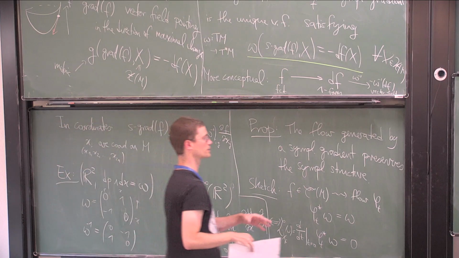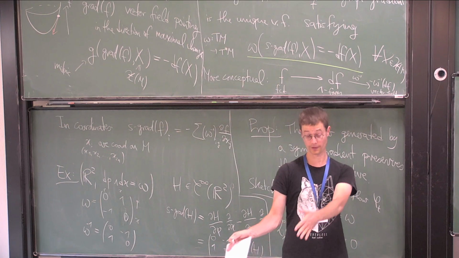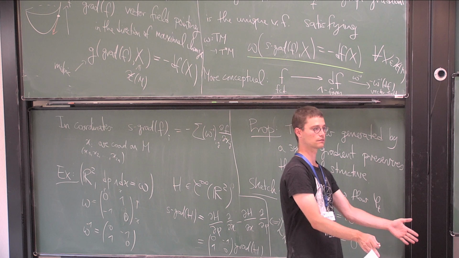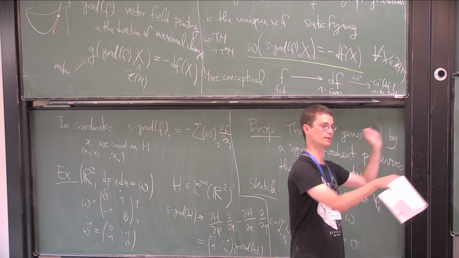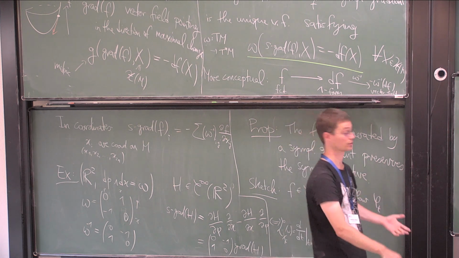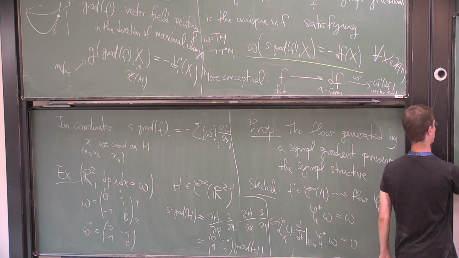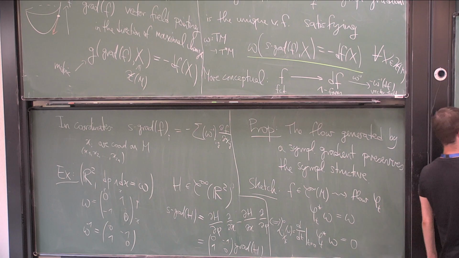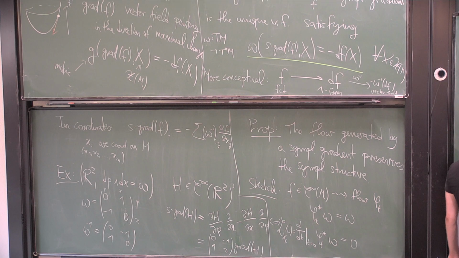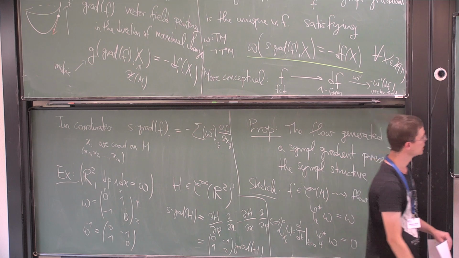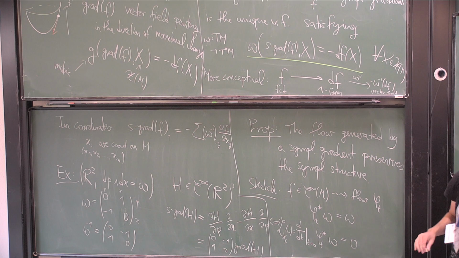Now if I take 2 functions, I can produce 2 vector fields, and I can feed them into the symplectic form, and then I get a new function. And that's actually all you need to define a bracket. So you take 2 functions on a manifold with symplectic form, and then the definition of the Poisson bracket.